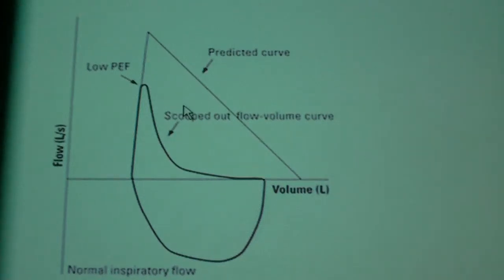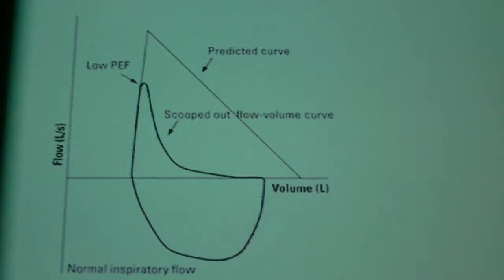And if we go further on the volume curve, we have a typically scooped-out flow volume curve. If you see this in a flow volume curve, it is almost diagnostic for COPD. So you can see in the blink of an eye that there is airflow limitation.